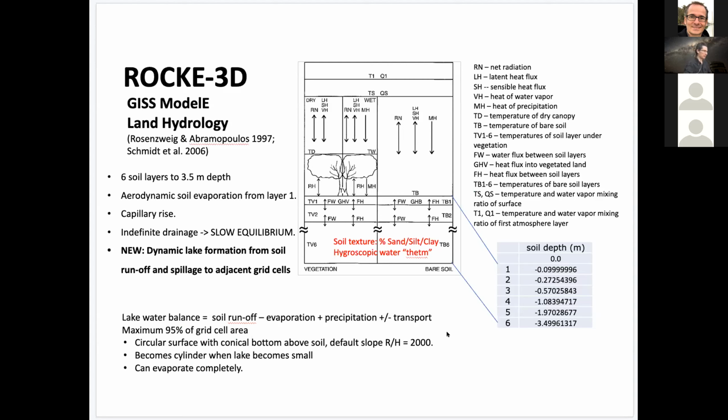I don't have time to go into the details, but you have to specify that file if you want water transport between the lakes in your model. You can still skip it, and then there will be just no water transport between the cells. So the lakes will still form, but they will be local lakes. So they will form or evaporate locally.